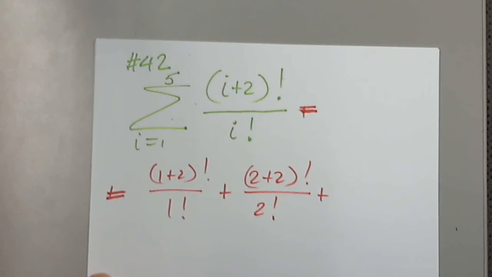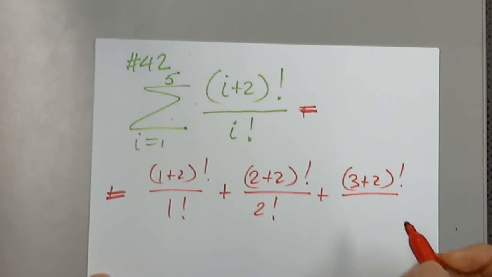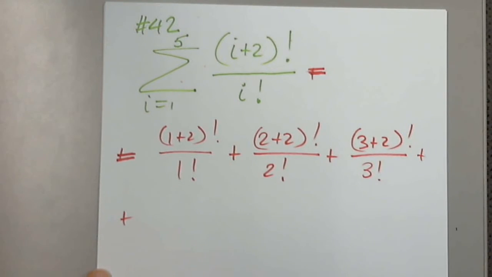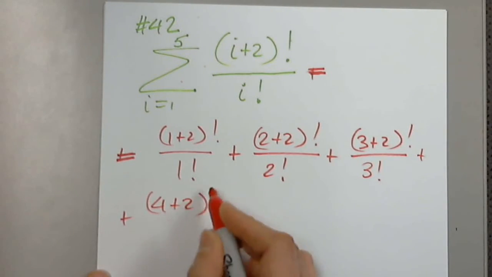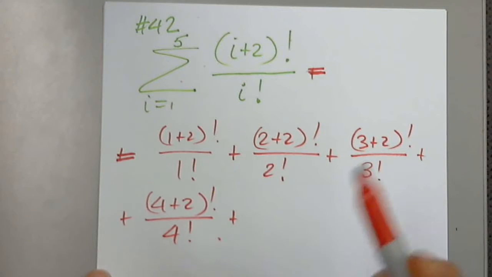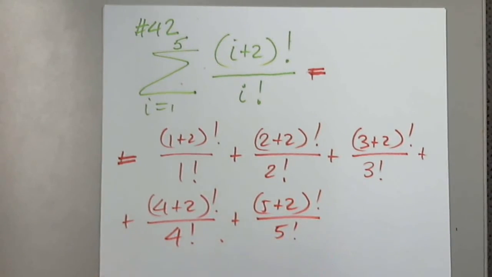Very good. 3 plus 2 factorial over 3 factorial plus 2 more. 4 plus 2 factorial over 4 factorial plus 5 plus 2, indeed, factorial over 5 factorial. So we got out of the summation notation. We established each and every term, and now we have to calculate.